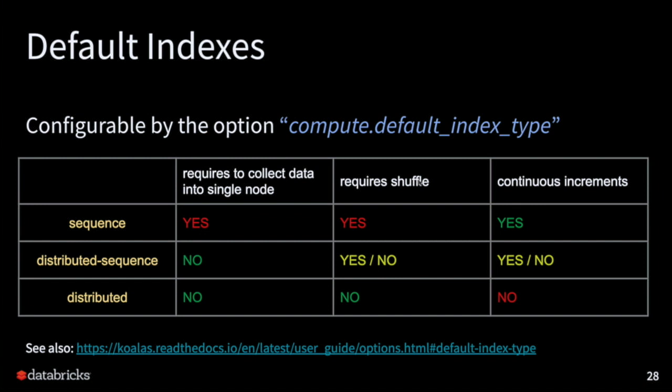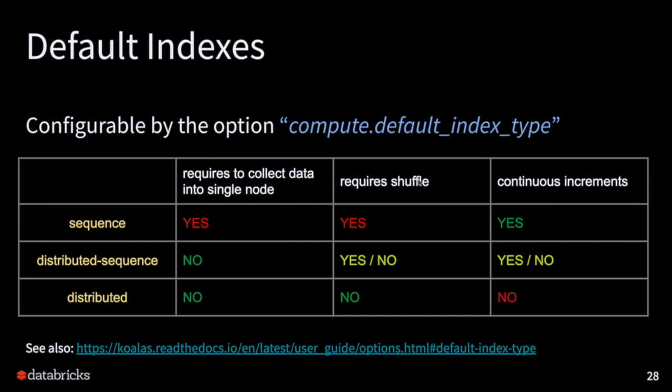The second option is distributed sequence. Once the index is attached, the performance penalty is not that big compared to the sequence type. It doesn't collect all data, but when attaching this index, one Spark job runs. Also, notice that in some cases, it doesn't guarantee continuously increasing numbers.